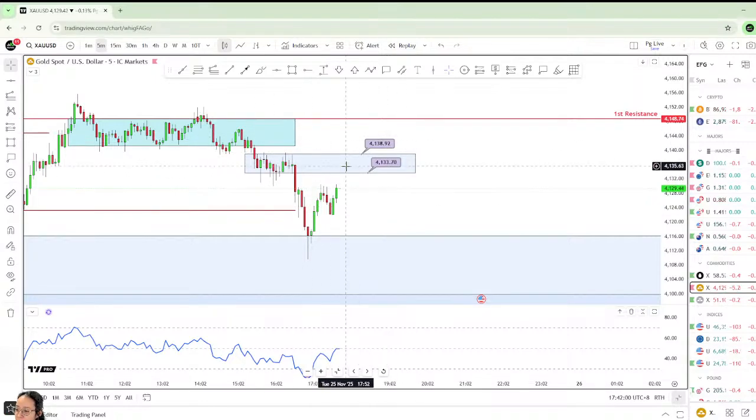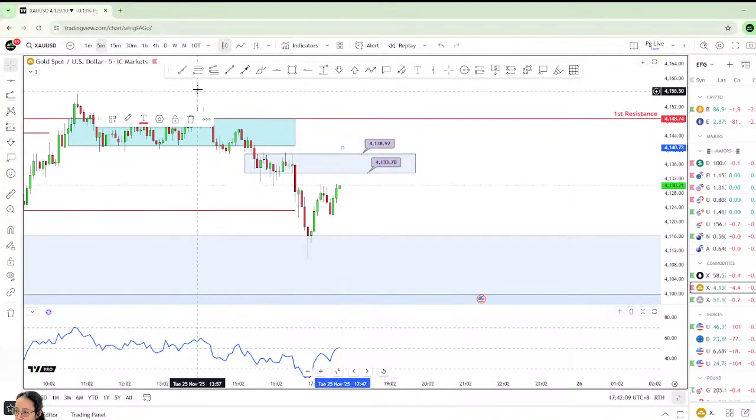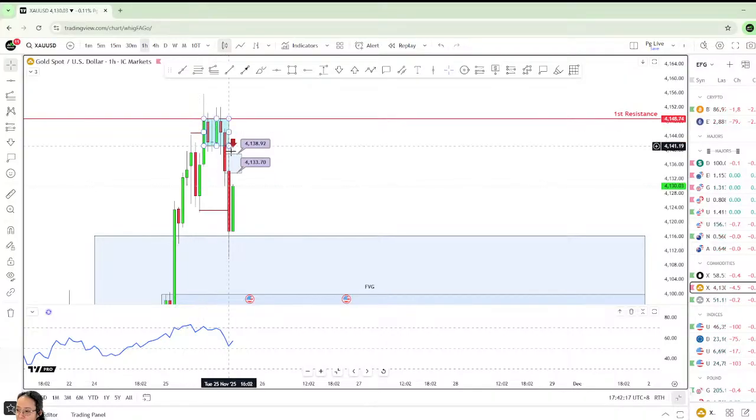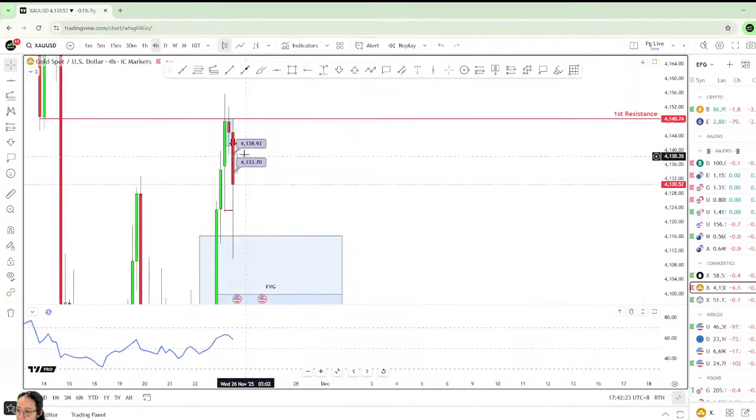I might consider selling at these zones. This level. Okay, at this level I need to consider selling. This was the London session. London was selling off gold, and H4 also.